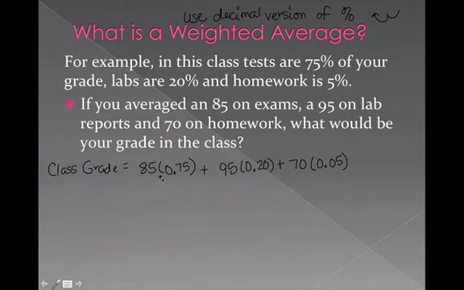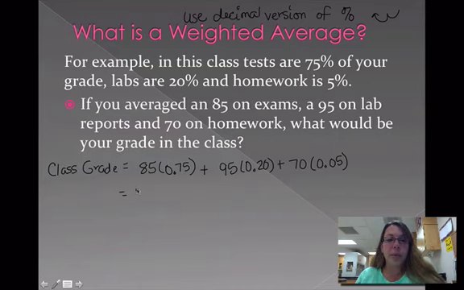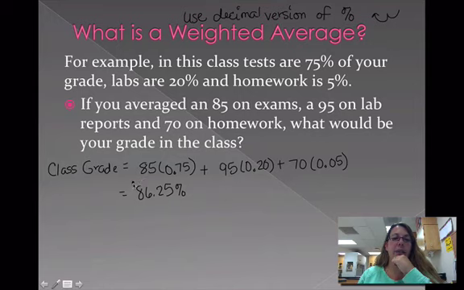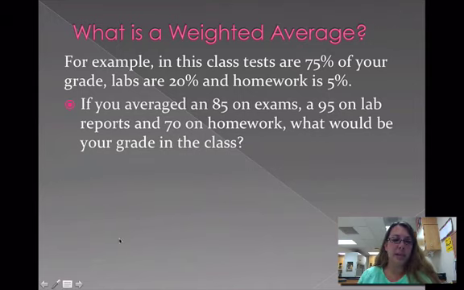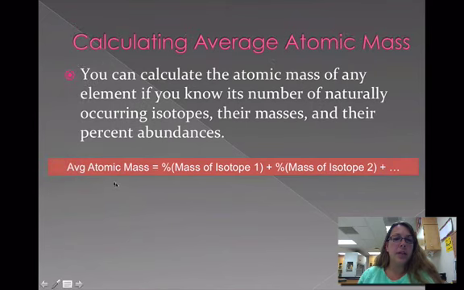So I've set up a little calculation here that'll let me calculate my overall class grade. If I plug all these into the calculator, what I end up with for my class grade is an 86.25%. So overall in the class, that's what I would have. Now we can do the same exact thing with isotopes. Here's what it looks like.